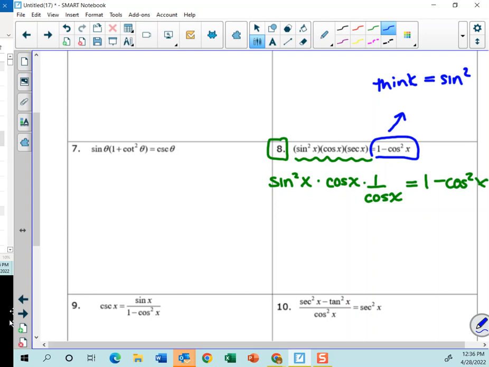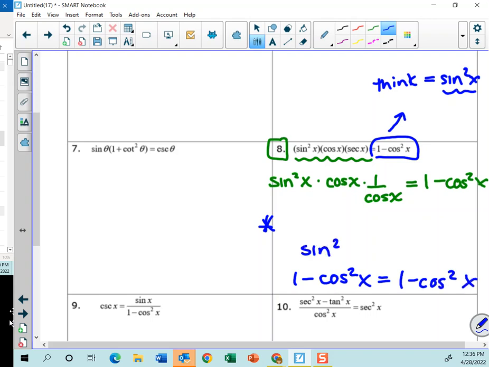I know that's the same as sine squared. I'm not going to write it down, but I'm thinking that in my head because that might help me focus on the goal, because if I can get sine squared, I can then get 1 minus cosine squared on the very next step.